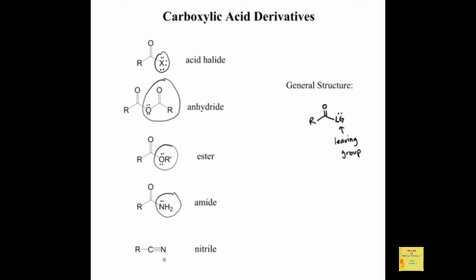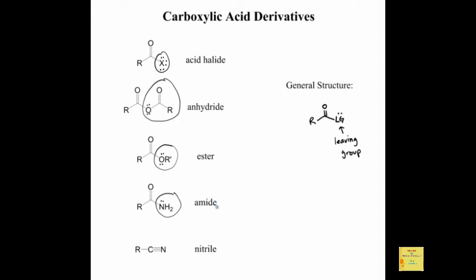The nitrile doesn't look a lot like a carboxylic acid, but it is related. Just like this, all of these have a carbon with 3 bonds to heteroatoms, an oxygen, and something else with a lone pair. This also has 3 bonds to a heteroatom, 3 bonds to nitrogen. So even though it looks a little different, it's also related. This is called a nitrile.